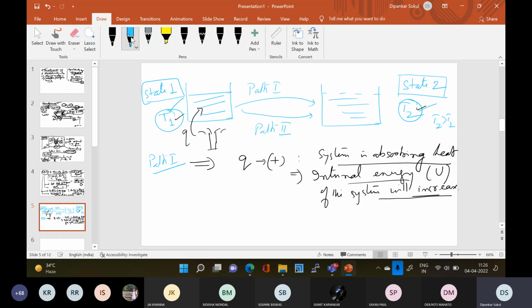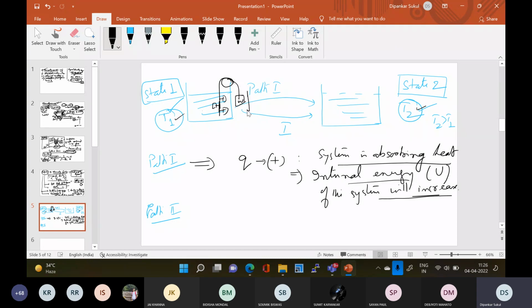In path 2, a different path, we can use a paddle wheel, some mechanical paddle wheel we can incorporate here. There are some wheels. There is a weight here.